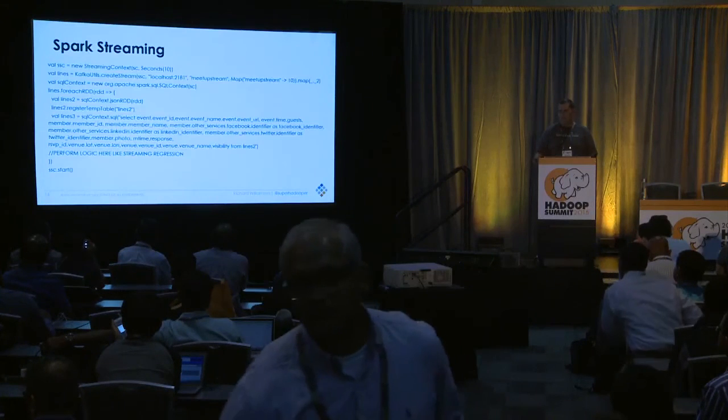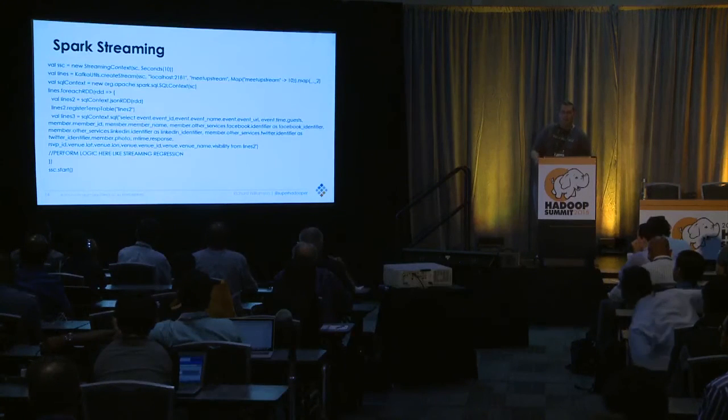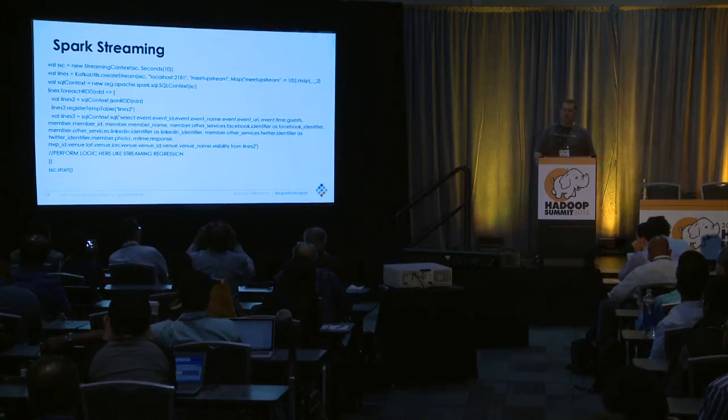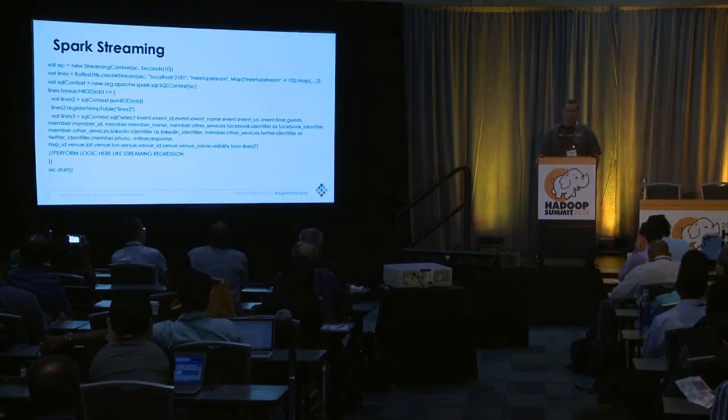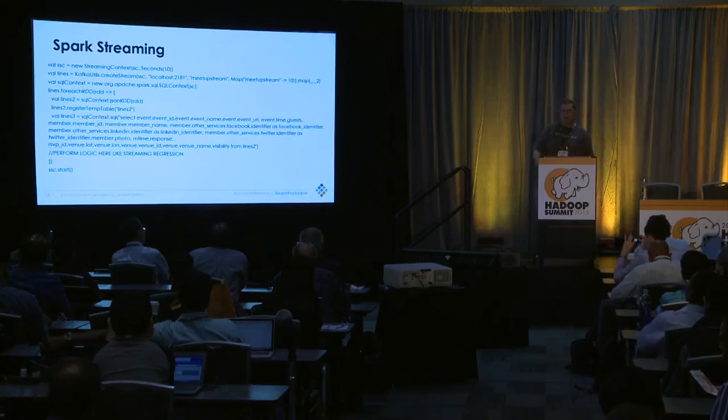And then the other exciting thing with the Spark environment is that we can not just do the batch processing things that we would typically do in a SAS environment, but we can do stream processing on the data coming in. So here's just an example of taking a 10-second micro batch of data coming in.